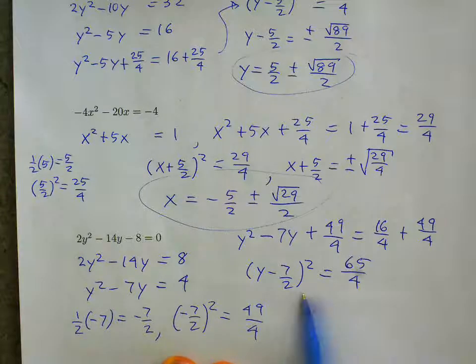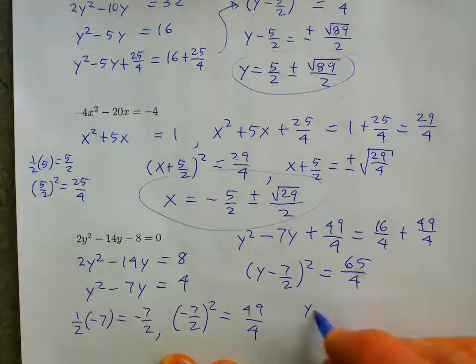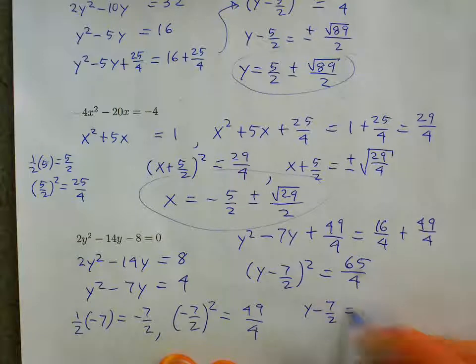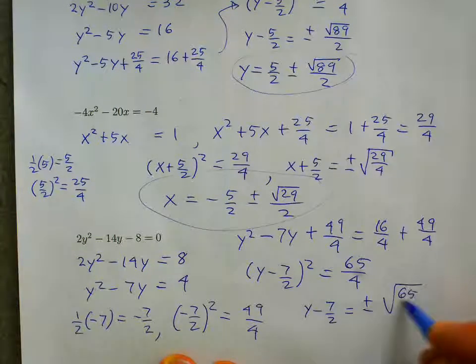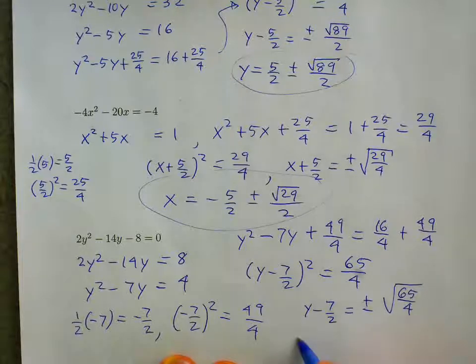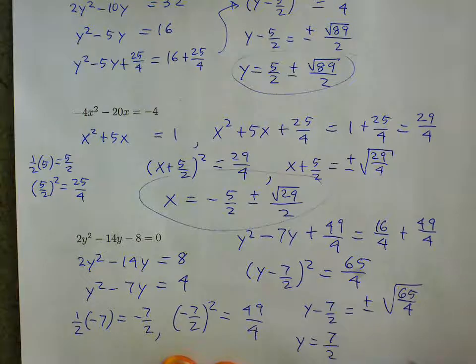Then apply the square root property, y minus 7/2 equals positive and negative square root of 65/4. And then the last step, add 7/2 to both sides, y equals 7/2 plus and minus the square root of 65/2.